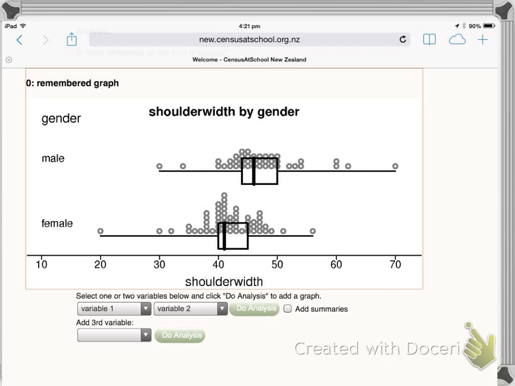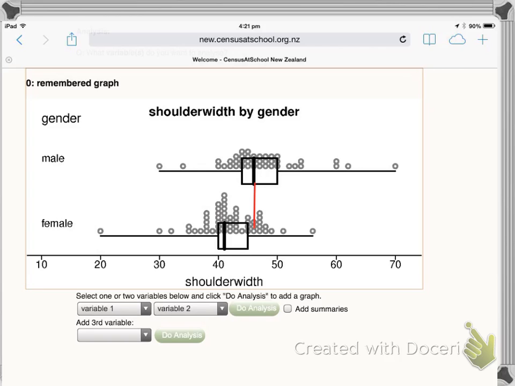Right, another example here. I've changed the population down now, and I've just looked at Year 11 students in New Zealand and compared their shoulder width between gender. Okay, can we make the call? Draw a line down from the medians.